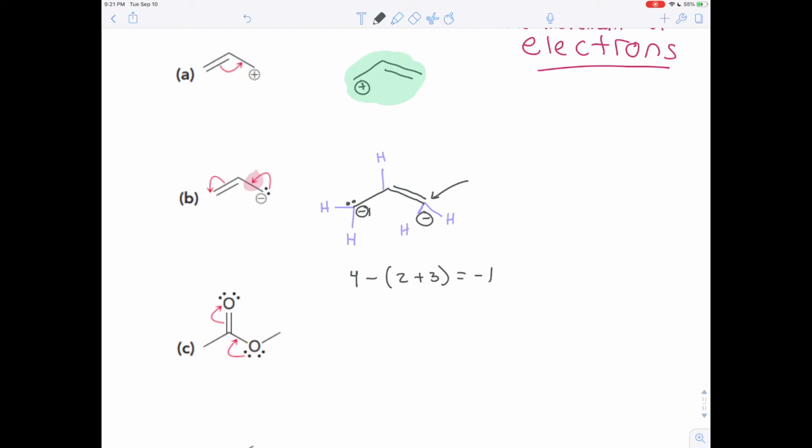And this carbon here at the far right would be 4 minus 0 dots and 1, 2, 3, 4 lines. So that should have a 0 charge, so that no longer has the negative charge that it had in the other structure.